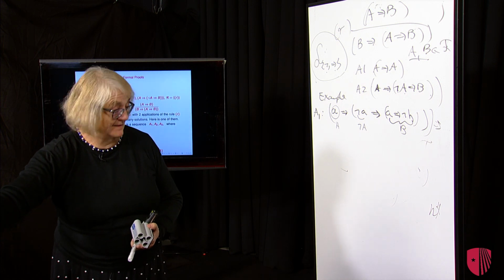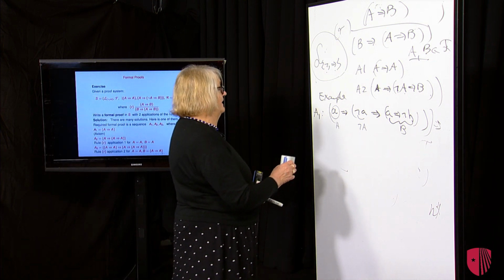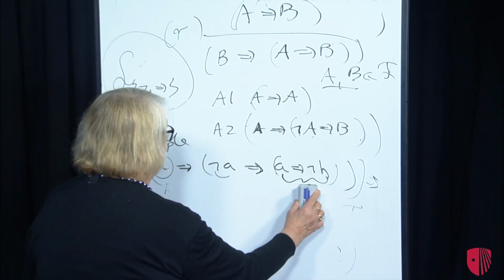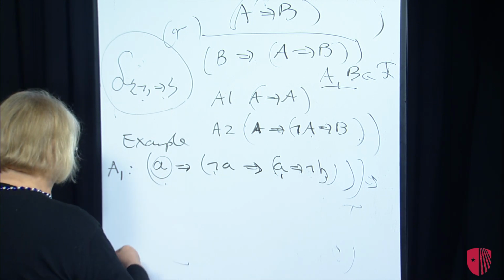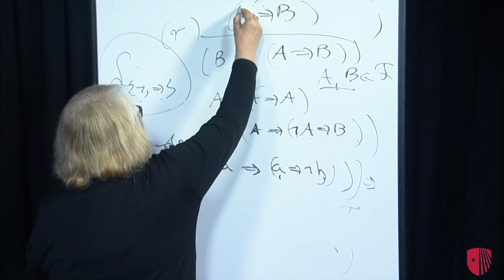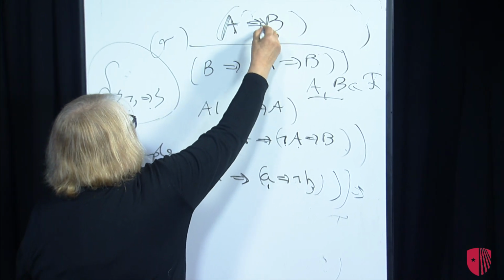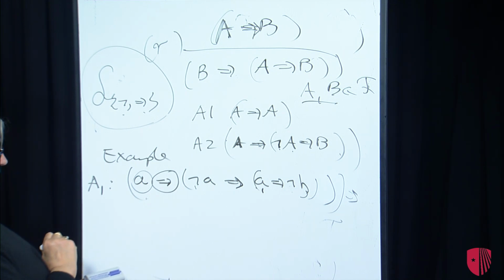So now what the rule of inference says is that if you have already an axiom, so that is correct, this is an axiom. The rule says if I have an implication, the implication is the main connective, so that is your main connective.